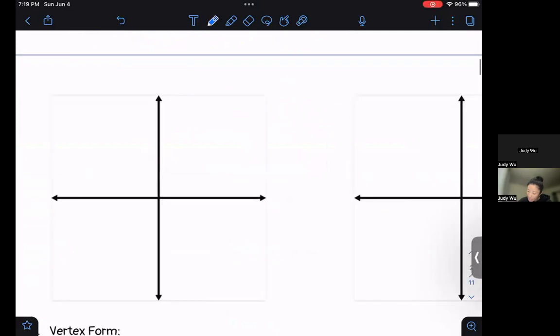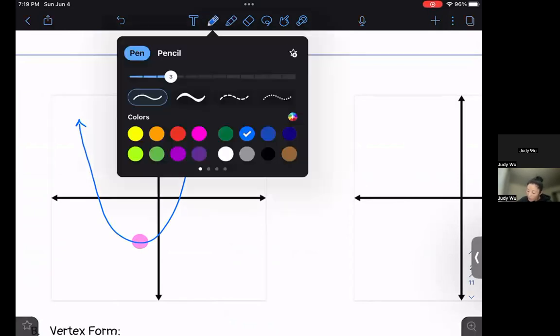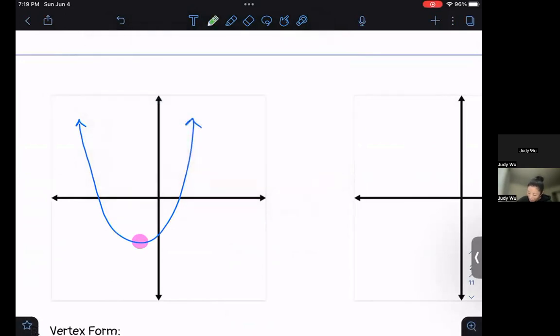So let's sketch a parabola. It looks something like this, and my vertex is right here. Now I'm going to draw in the axis of symmetry, and we'll label it axis of symmetry.